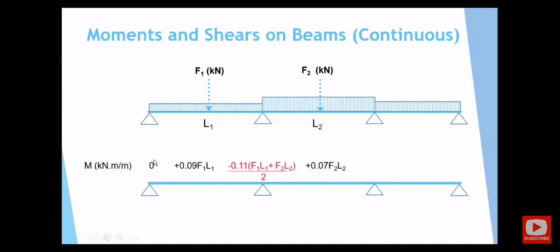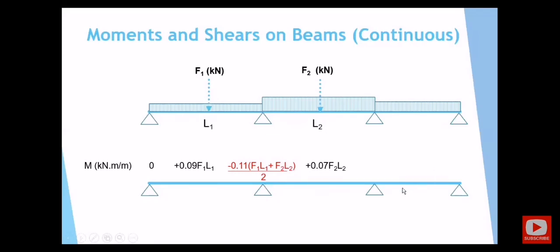So for the bending moment, at the beginning it is assumed as 0, then you will have a positive moment, 0.09 F1 L1. Then at the second span, again it will be positive, 0.07 F2 L2. At the first interior support, it will be minus 0.11, and you get the average from both sides, F1 L1 plus F2 L2, all divided by 2.